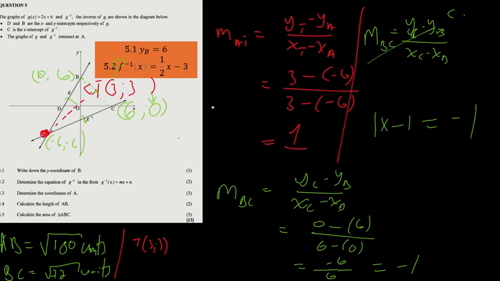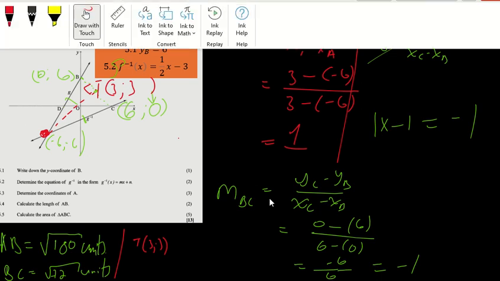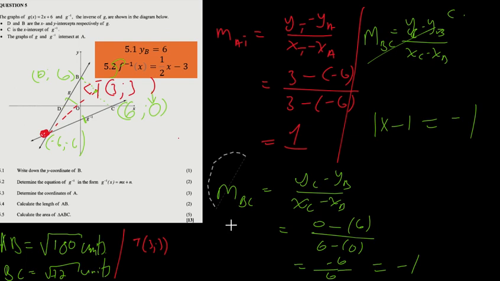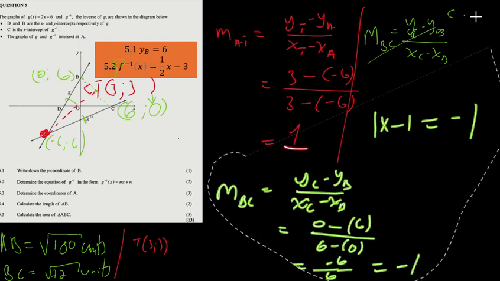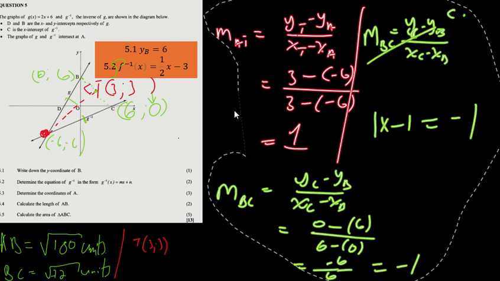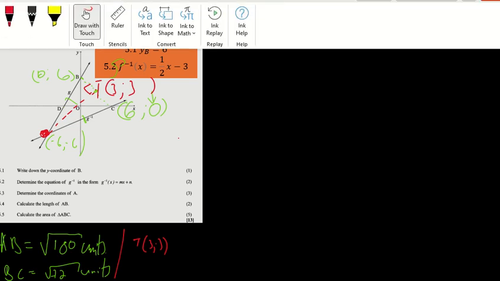So this proves that this line in red is perpendicular to this line. So the only thing that we need to do now is to substitute the values into the formula. Let's recall the formula. What does the formula say? Let's do it in white now.